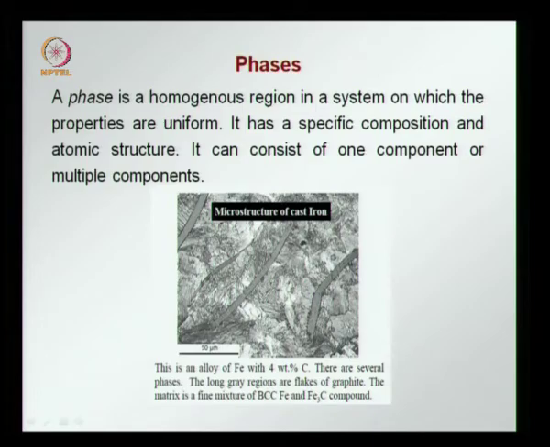The rest, the matrix, is a mixture of BCC iron and iron carbide. This graphite is a phase which has very different properties from the rest and exists in an identifiable manner. So, in materials we can have different phases occurring.